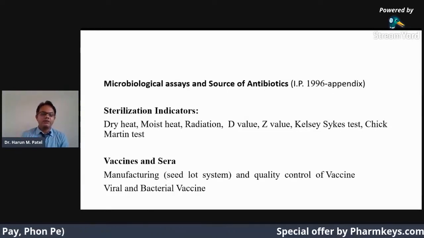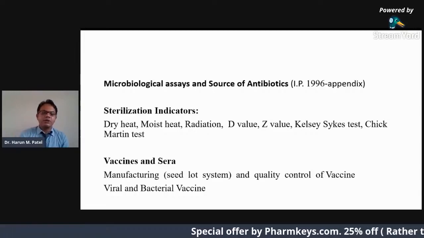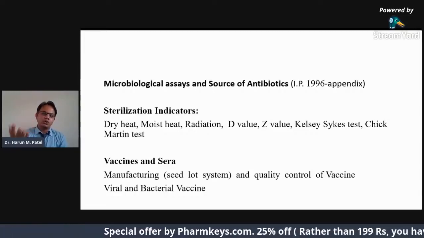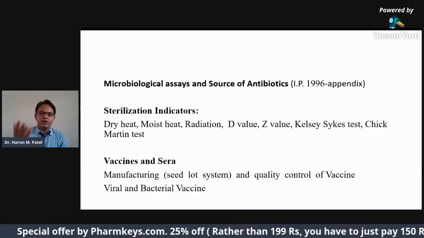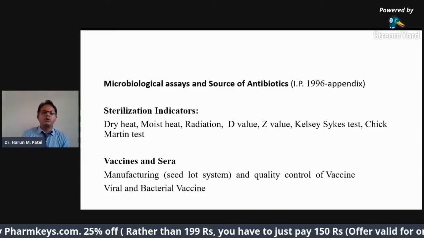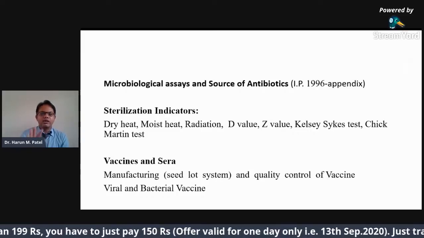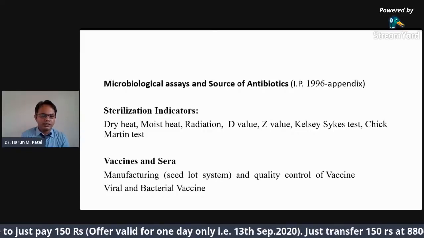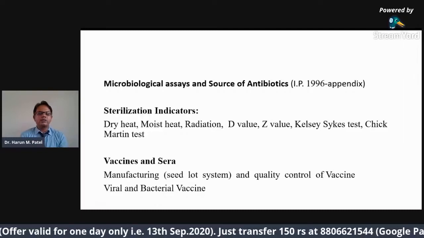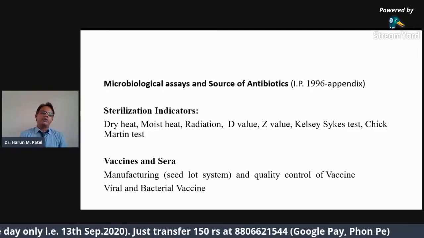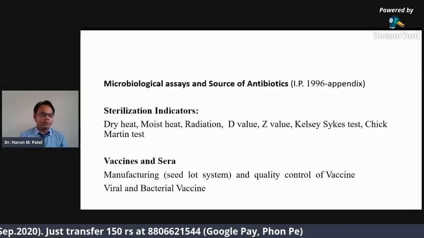So you must read the different kinds of chemicals which are used in the seed lot system. You know the role of formaldehyde, and the different chemicals used for killing the virus, or for attenuating the virus. Different kinds of methods are there by which we can synthesize vaccine and sera.